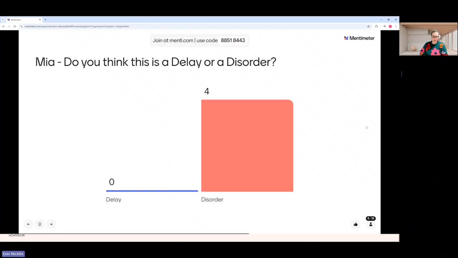Great, you guys have been so quick. Yeah, absolutely. So this is most likely a disorder. So specifically some type of language disorder. These children may speak, but their grammar, vocabulary growth, and understanding are very atypical. And unlike a simple delay, they don't just catch up, and they need very targeted and repetitive support.